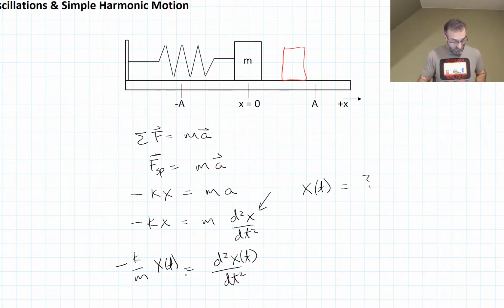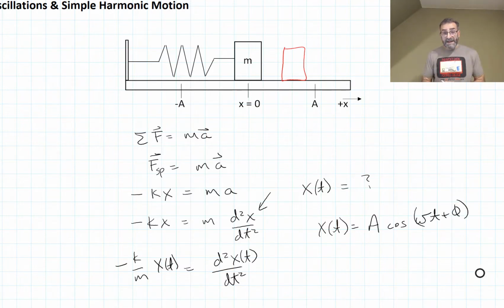Any sine or cosine function. A cosine function, you take two derivatives, you get negative a constant times the cosine function again. Same with the sine function. We could use either one here. I'll use a cosine function.